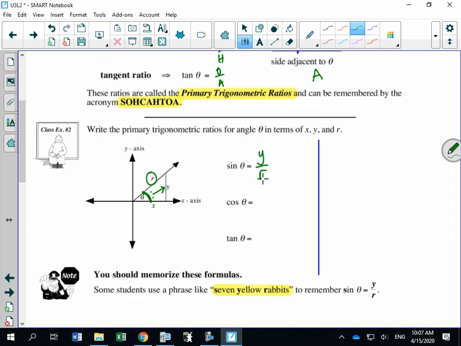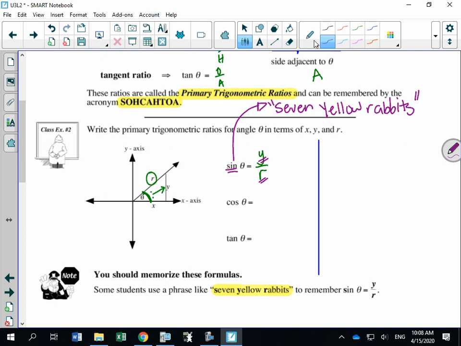How could you memorize, like the acronym Sohcahtoa that everybody liked because they could memorize it, that sine will always, 100% of the time, be y over r? The acronym for sine that you're going to remember is 7 for sine, y is yellow, and r is rabbits.